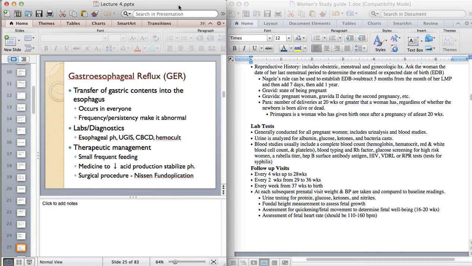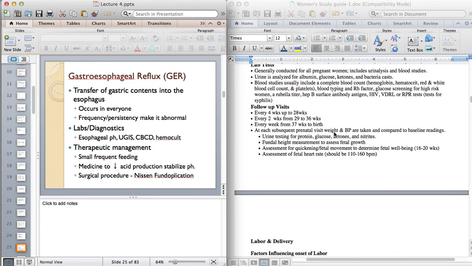By virtue that the cardiac sphincter, the sphincter that separates the esophagus from the stomach, is immature. When the child feeds, the sphincter is not closing adequately to prevent content from the stomach from going up to the esophagus.